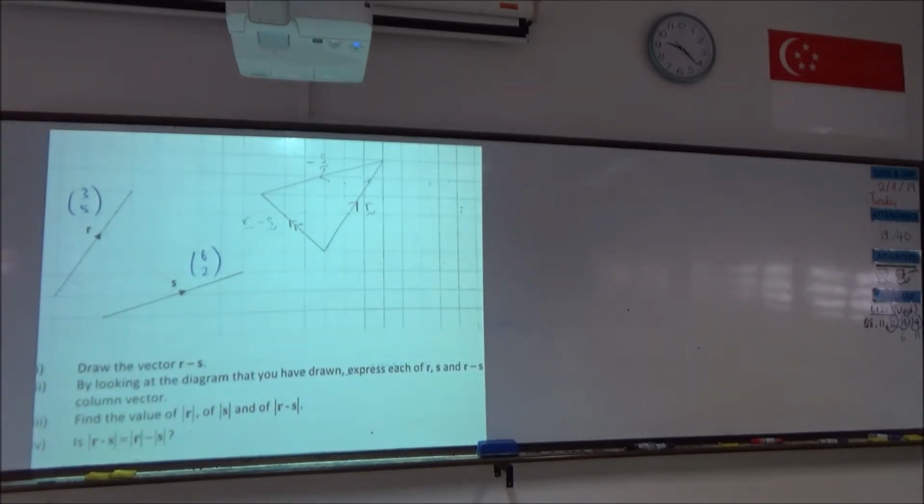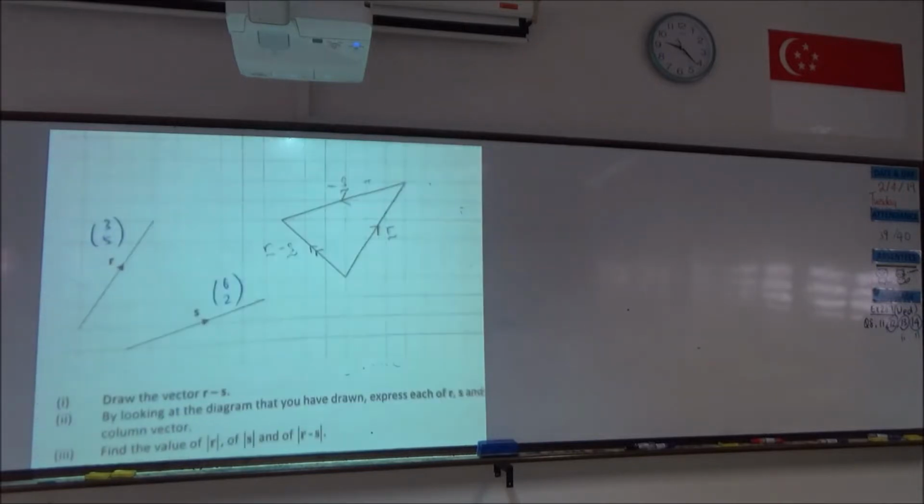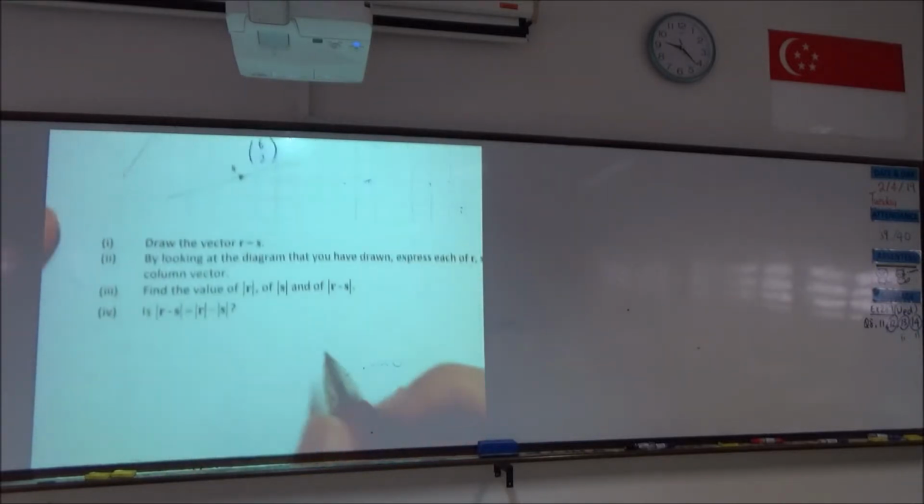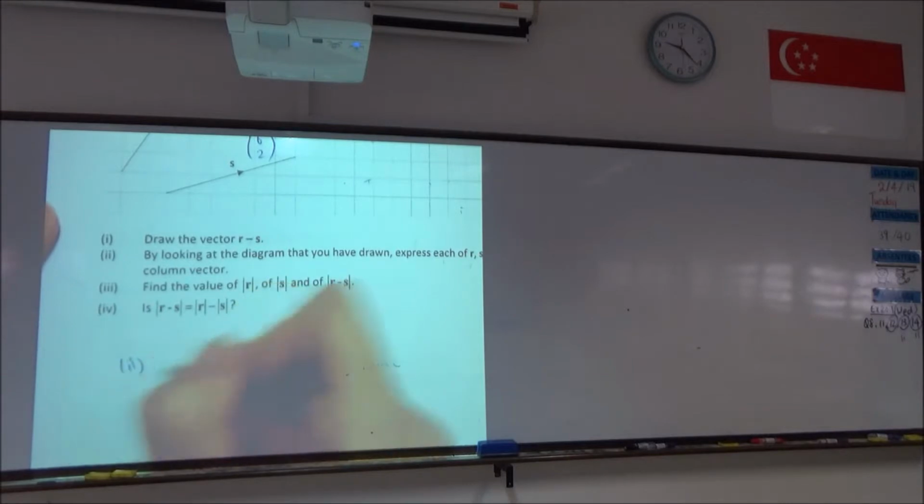Express each of the vectors R, S and R minus S as a column vector. Okay, so we have already gotten R and S. So let's write it down formally.